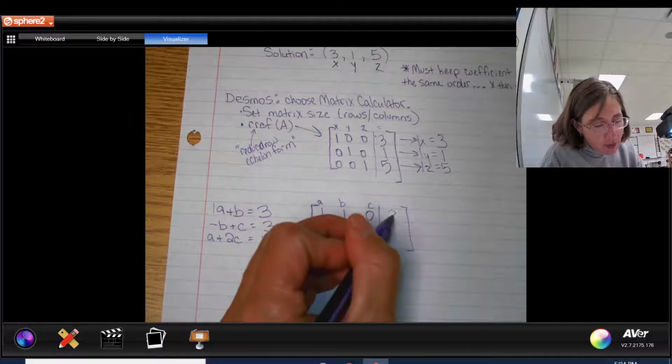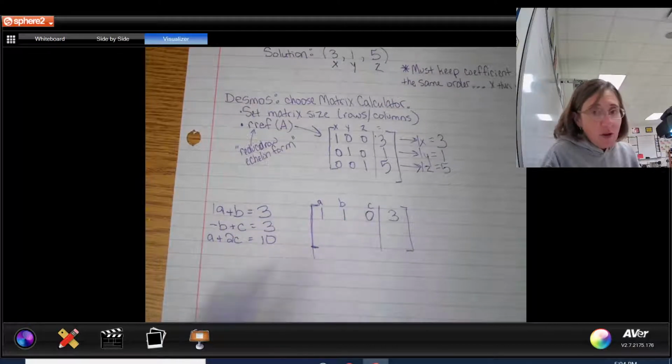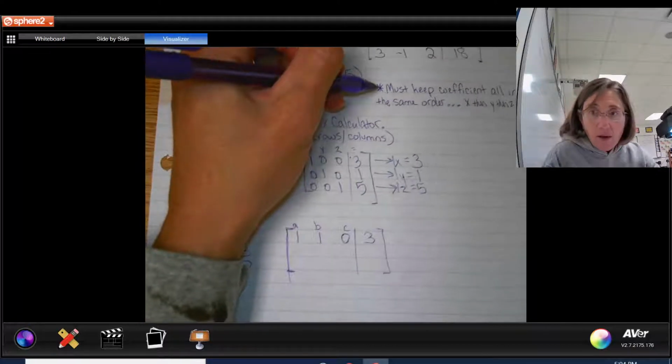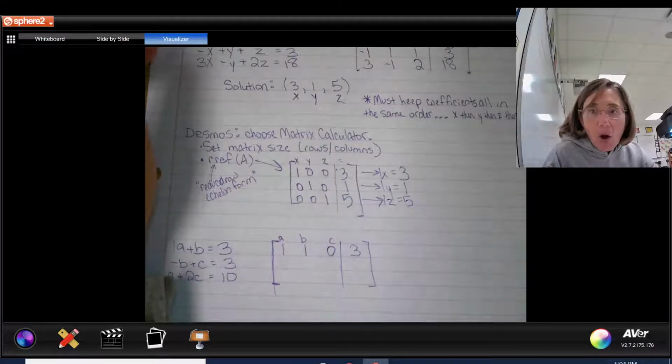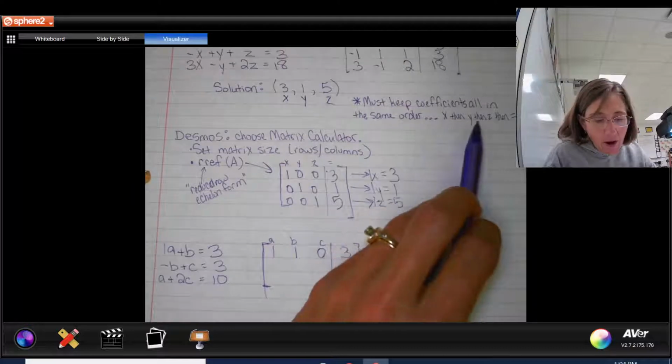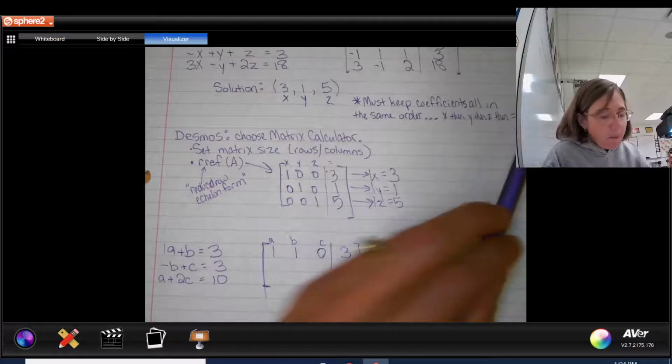And this equals 3. So I'm going to add a thought up here, where we said that we must keep the coefficients, in the same order, X and then Y and then Z and then equals. There's another thought.